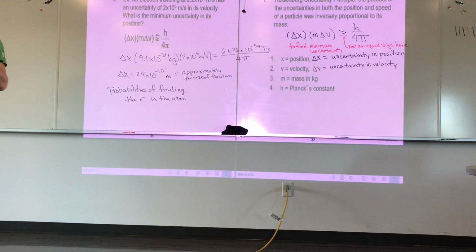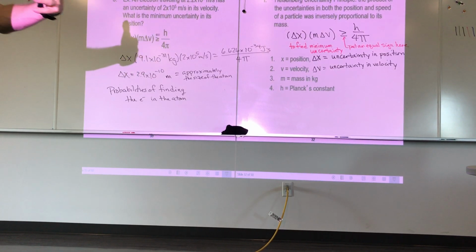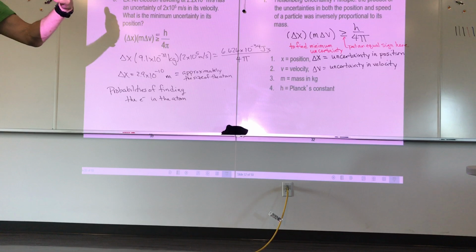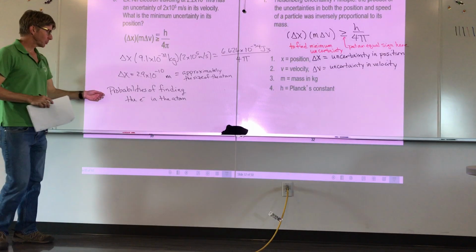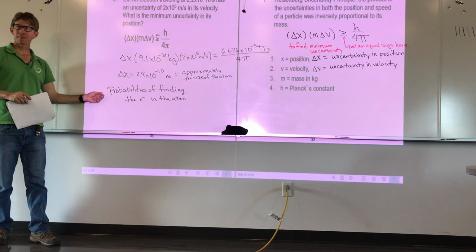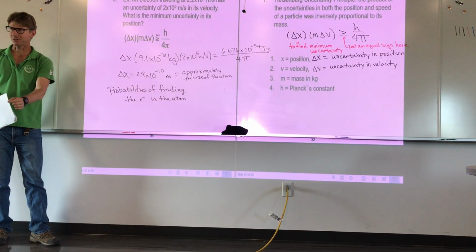We're going to get to these things called orbitals, but orbitals will exist as volumes of space in which we have a 90% probability of finding the electron. And that's how we're defining it. So we will speak of probabilities, not of exact locations.